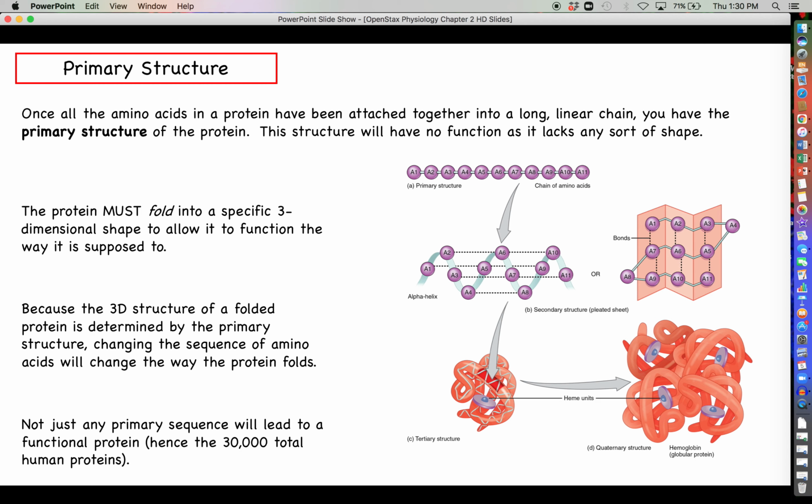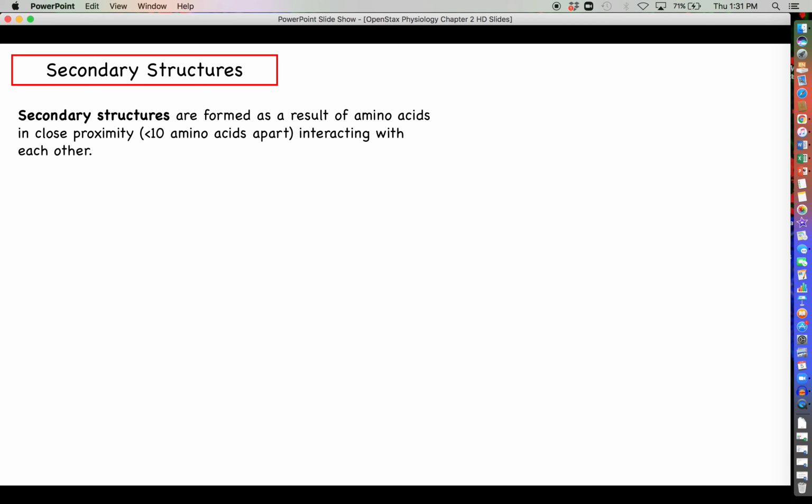Hence the 30,000 total human proteins compared to all those trillions of different possible combinations. All those other combinations that aren't a part of the 30,000, they must either not fold correctly or they don't fold into any sort of useful thing for our cells. They don't have any physiological function.